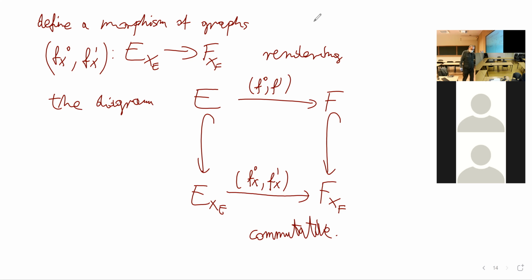But in the previous semester we spent a lot of time explaining more general morphisms of graphs, where you still map vertices to vertices, but you map edges to paths, not necessarily to edges themselves.